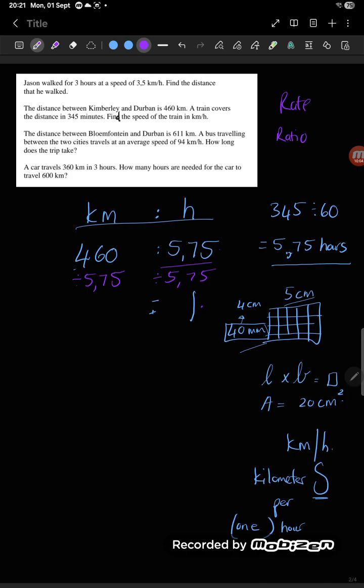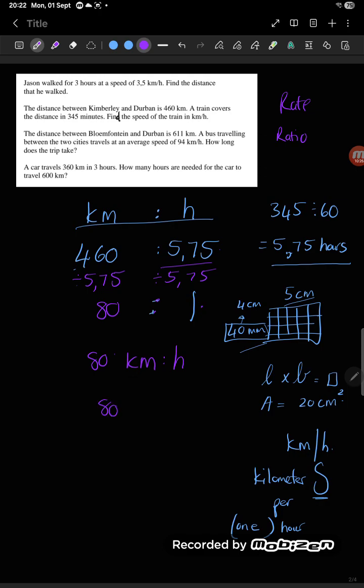You're starting to get used to dividing both sides by the same number. So 460 divided by 5,75 gives me 80 kilometers. So I'm going at 80 to 1, or at 80 kilometers. Now we don't say per hour like this.